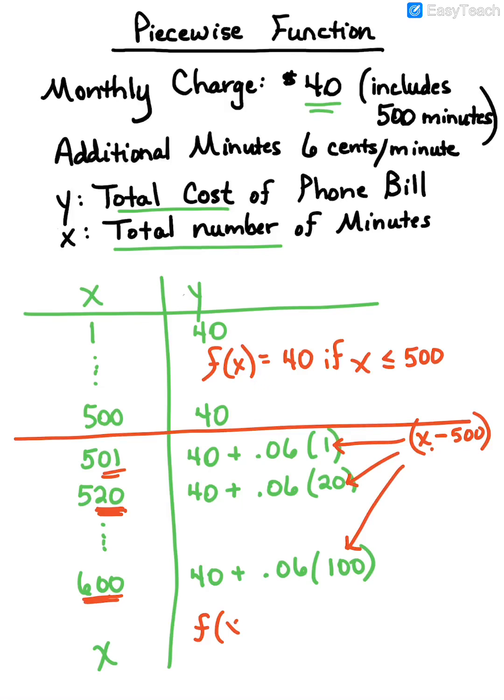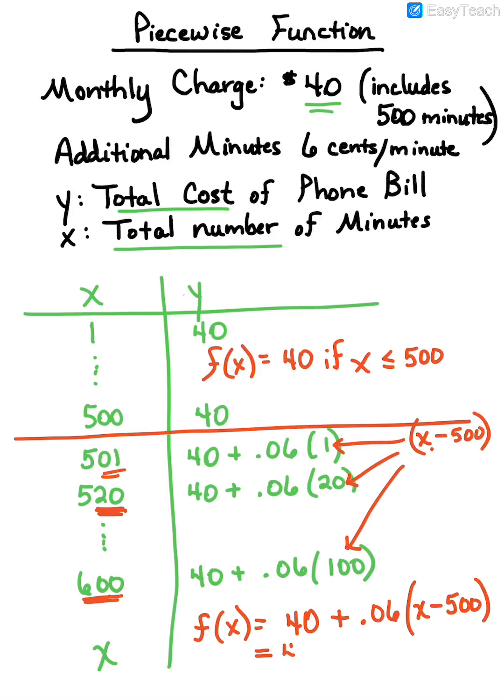So the second part of this function, notice we get an equation that says it's the $40 charge for the first 500 minutes, and then it's going to be 6 cents for each minute we are over. So if x represents total minutes, and we subtract the 500 minutes, then that would leave us with the remaining number of minutes that are charged at 6 cents each.